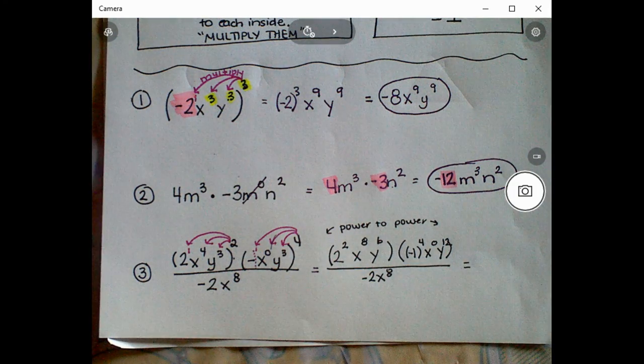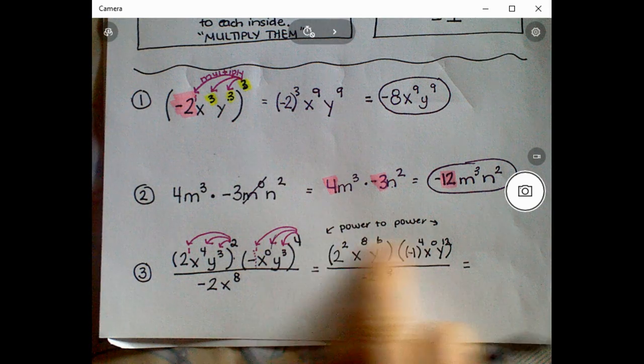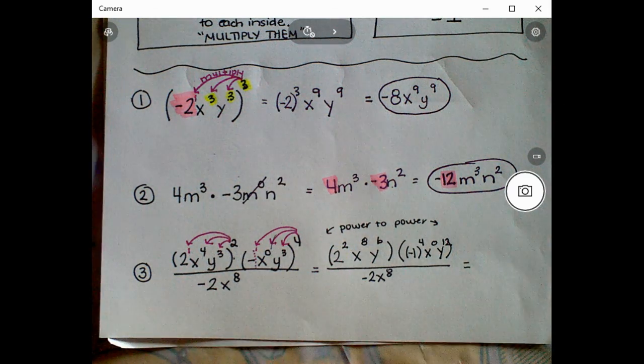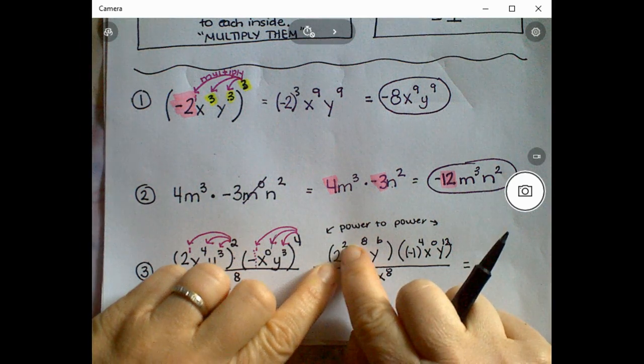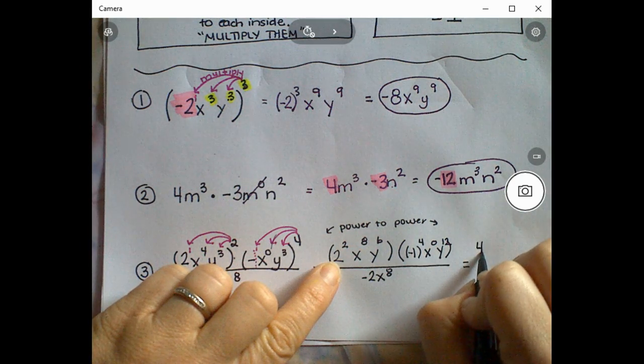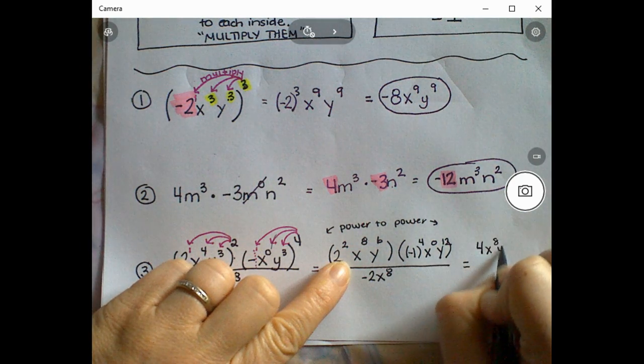And now we're going to move on to multiplying because we still need to finish this group at the top. But before we do that, we need to simplify any exponents that we have. Right here we have 2 squared. 2 squared is 4. X to the 8th, y to the 6th.